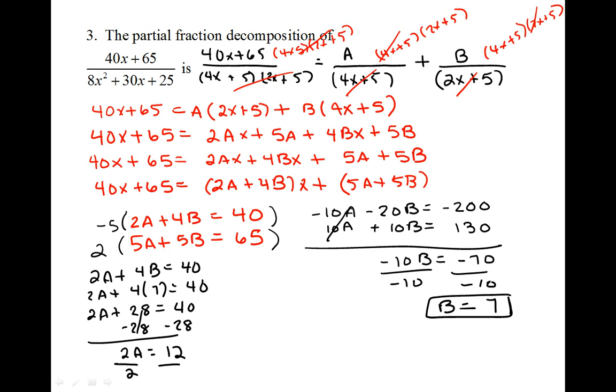Divide both sides by 2, so A is equal to 6. So now you can write your partial fraction decomposition. A is 6, so we get 6 over 4x plus 5 plus 7 over 2x plus 5.